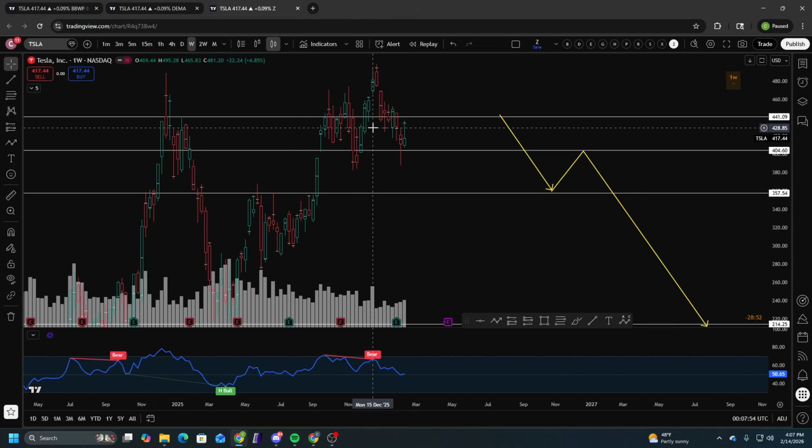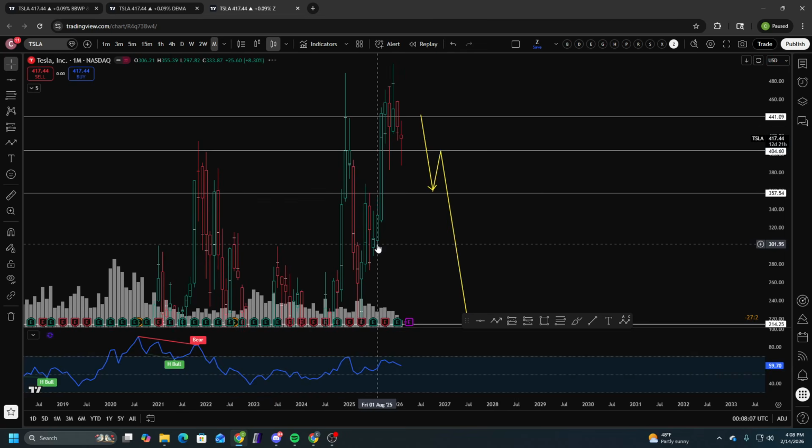And now we tried to regain this level here. We could not. So this is more continuation down on the weekly time frame. If you go over here on the monthly, you'll see that from here to here we have divergence on the monthly time frame.